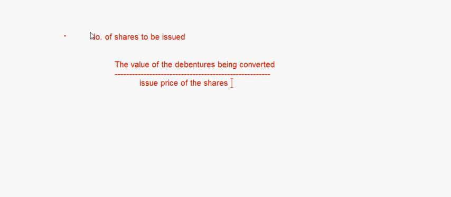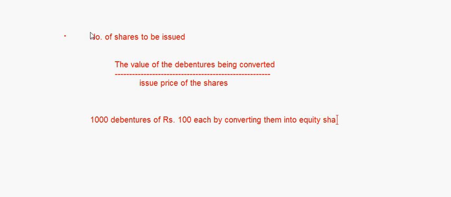So supposing we say that a company is redeeming, let's say, 1000 debentures of ₹100 each, by converting them into equity shares of ₹10 each, let's say at par. Now in this case it is 1000 into 100, which is the value of the debentures, which is 1 lakh.